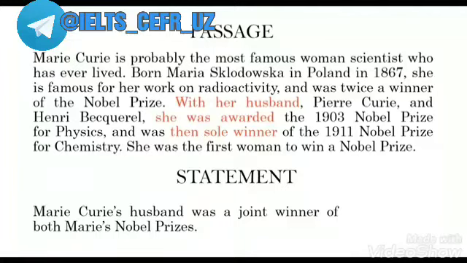So basically the statement contradicts the information given in the passage, because it says that her husband was a joint winner of both her prizes, which is not true. That is why we put no for this question.